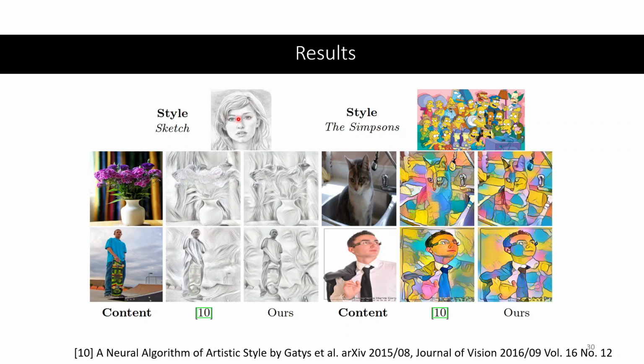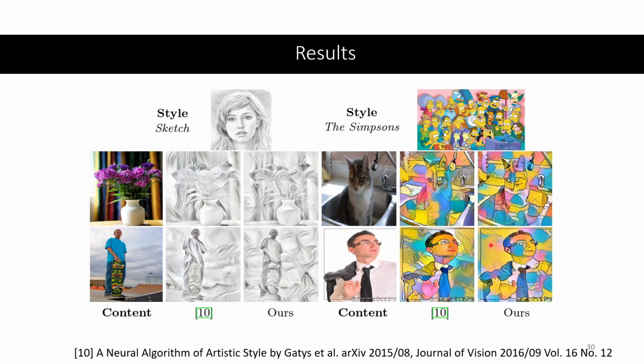Combine the style and the content, and this is their generated image. This is another one: the style images are the same, but the content image is different. This is another example. They use a Simpsons cartoon image as the style, and a cat and a man as the content, and they generate the result.